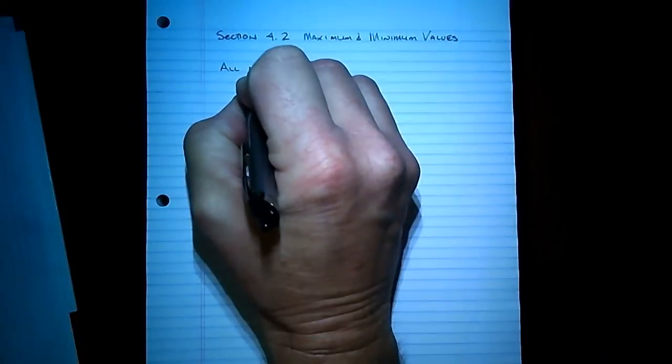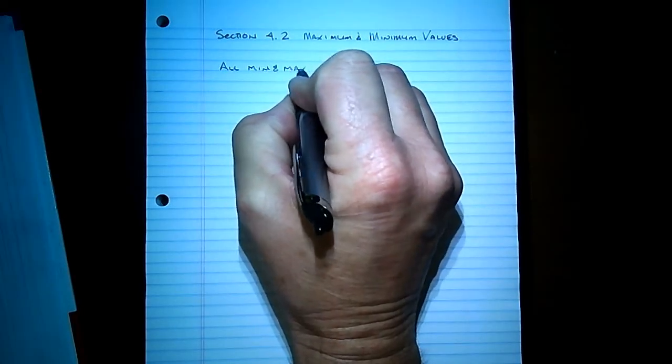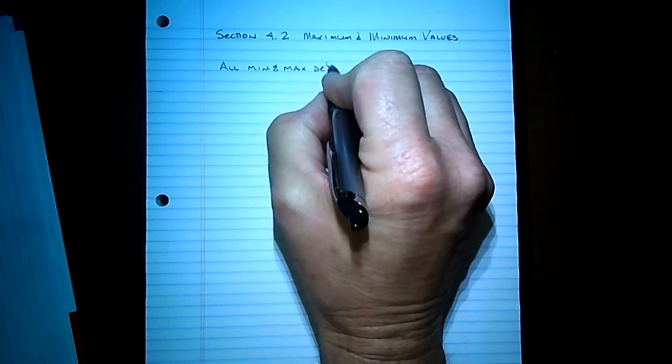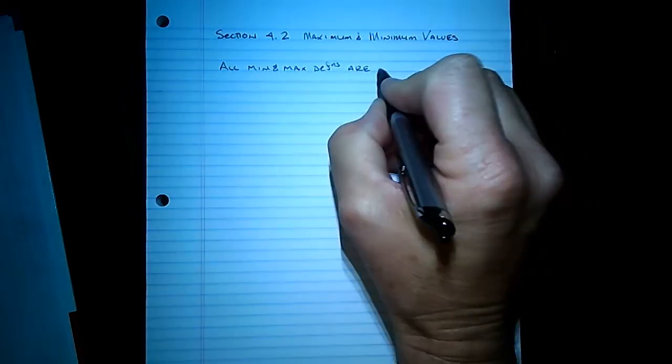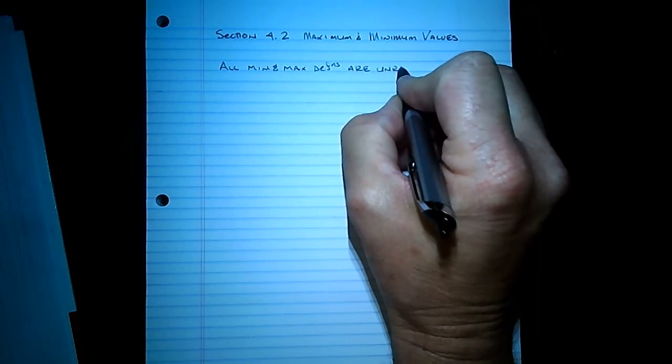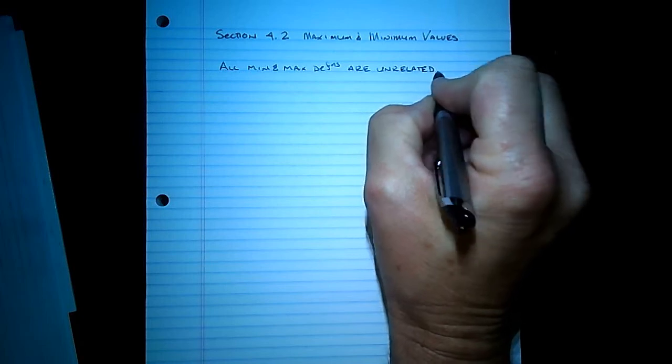The most important thing we need to know about these: all min and max definitions are unrelated. Now, what do I mean by that? What I mean is it is very typical for us to look at these definitions and then try to construct associations between them.